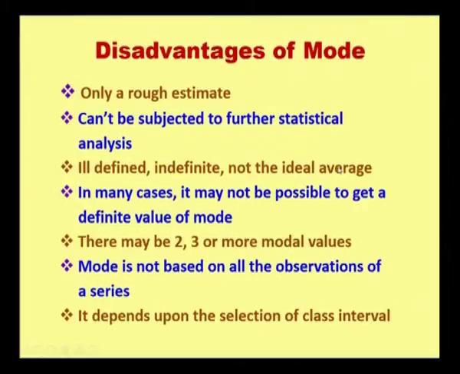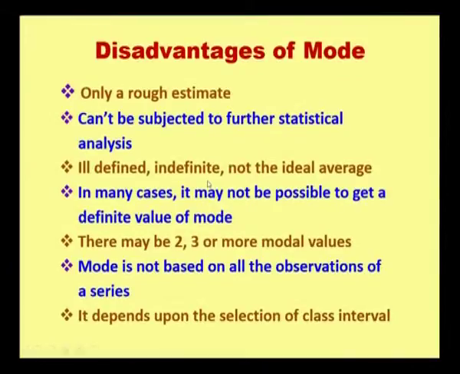See, as we have already discussed, a single data set can have many modes, and therefore, which mode will you take as the central average or the central tendency? There is no definition of that. In many cases, it may not be possible to get a definite value of mode. We can't say which is the exact mode.